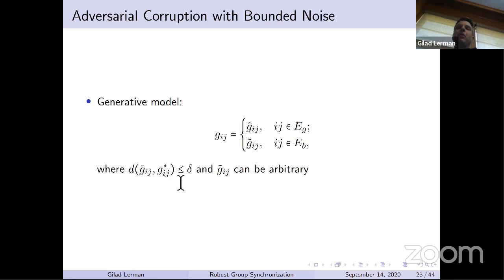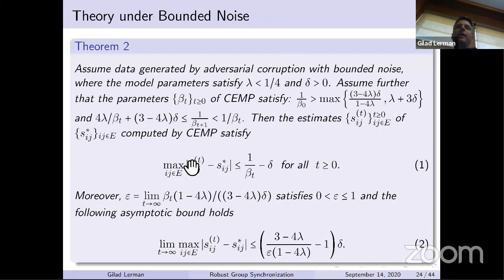Under this model, we can still have a somewhat similar theory of lambda less than 1/4. We have convergence, but not linear. We have certain choices of a parameter, and what's going on with beta t is that initially they go up geometrically, and later they stabilize.